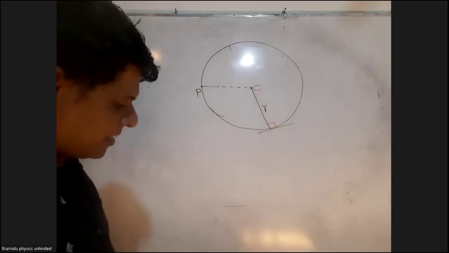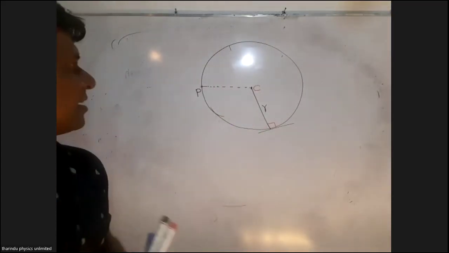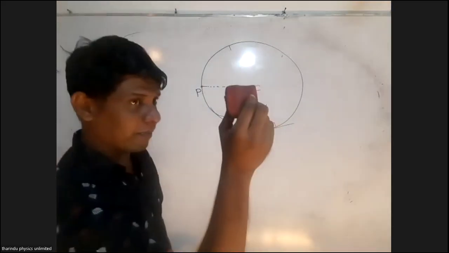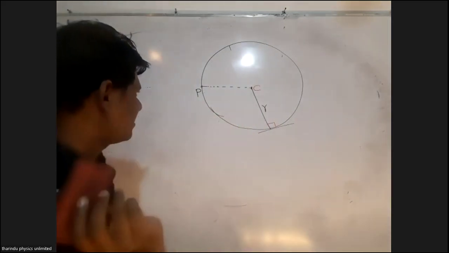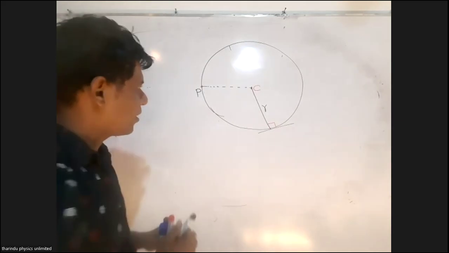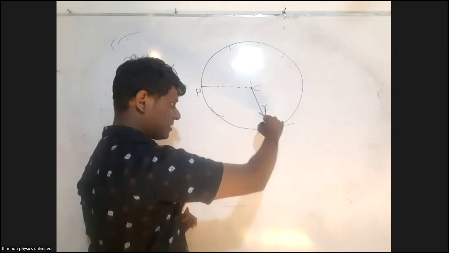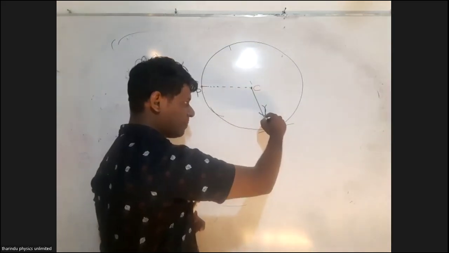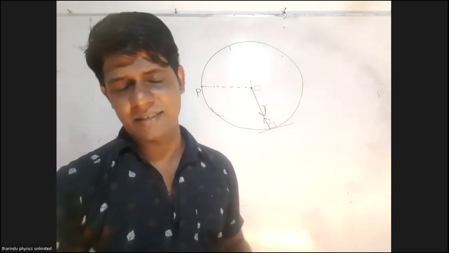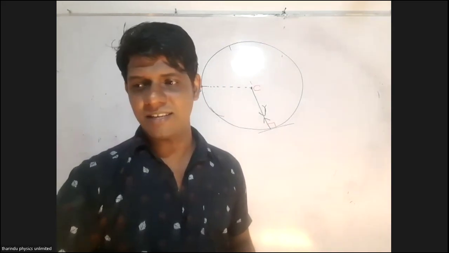If you hit something perpendicular to something, it will just bounce back in the same direction. So if you send a certain light ray through the radius, what would happen? It will reflect back along the same line. Okay, you will need this. Okay? Say yes.